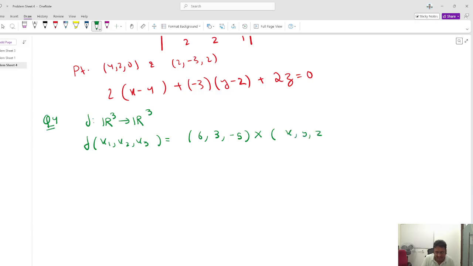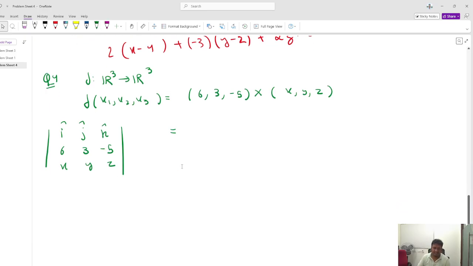So what will this be, guys? You can obtain it from this determinant, right? i, j, k cap, and say you have 6, 3, minus 5, x, y, z. You have to worry about the order, right? Otherwise, it gives you the minus of that sign. So you cannot write x, y, z on top.